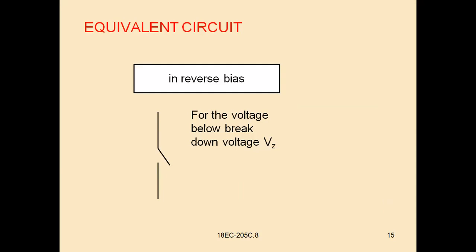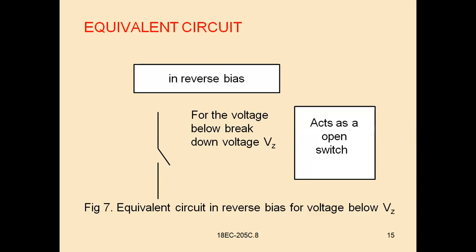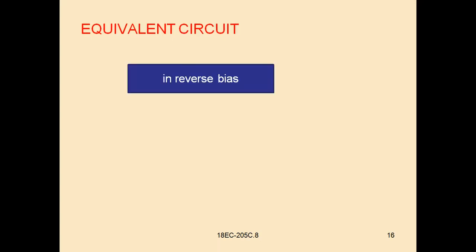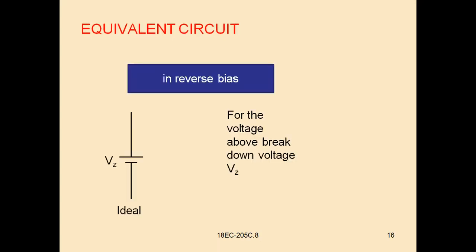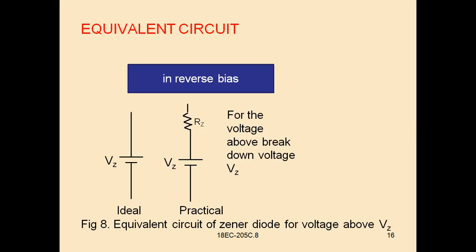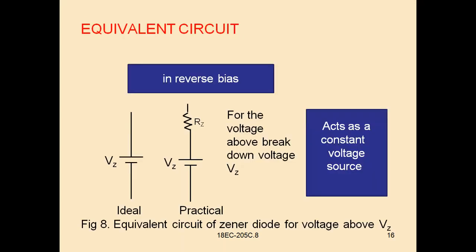In forward bias it acts as a closed switch. In reverse bias, whenever the voltage is below the breakdown voltage, it will act as an open switch only, like a normal diode. But when the reverse voltage is above VZ, for the voltage above the breakdown voltage VZ, what happens? It will behave as a constant voltage source.